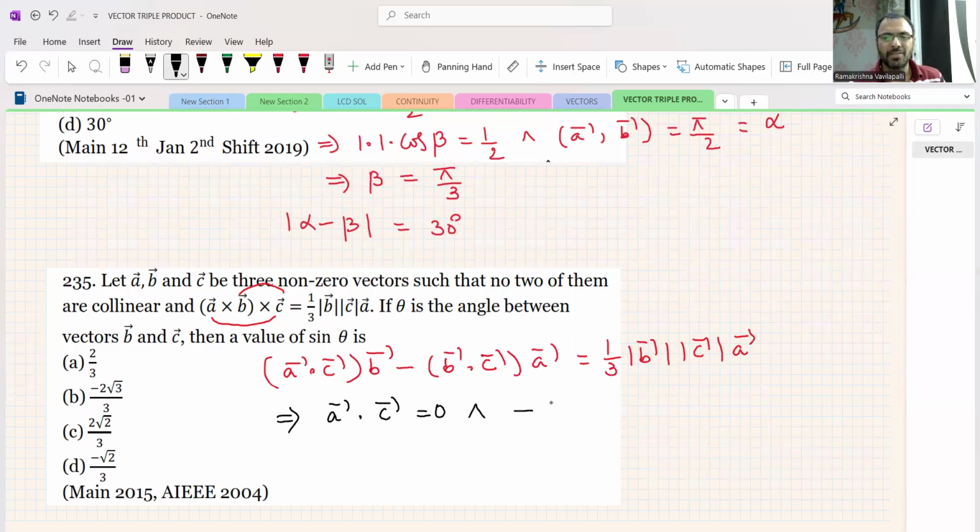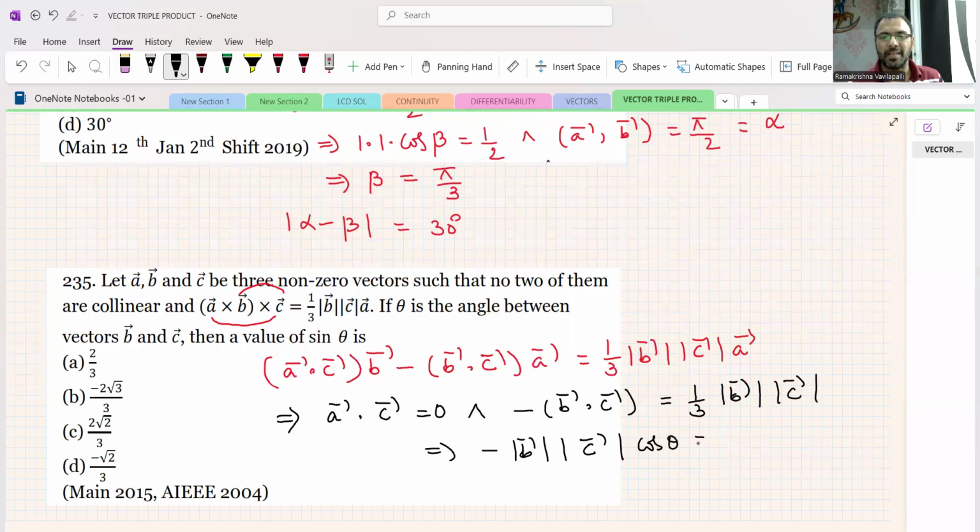And minus of B bar dot C bar is equal to 1 by 3 into mod B bar into mod C bar. Now we will apply the dot product of two vectors. This is minus of mod B bar, mod C bar, and the angle between them is theta. So therefore cos theta is equal to minus 1 by 3 into modulus of B bar into modulus of C bar.